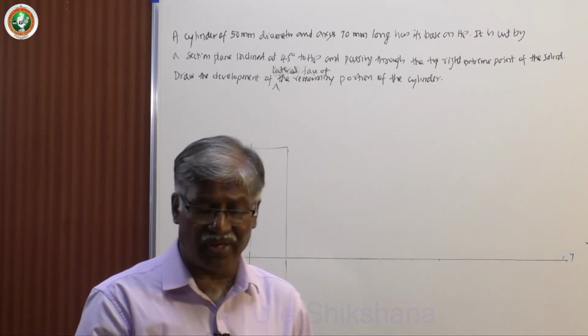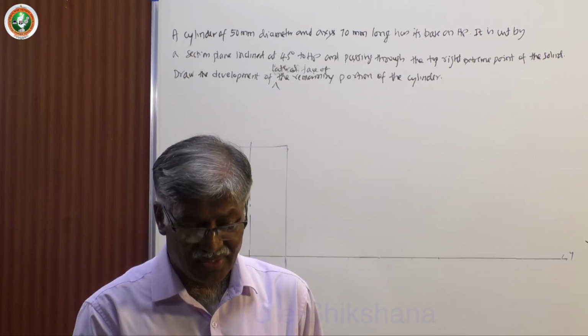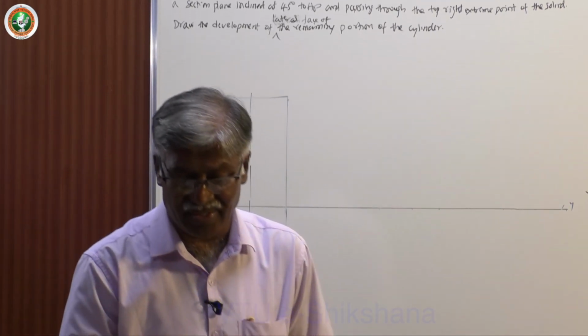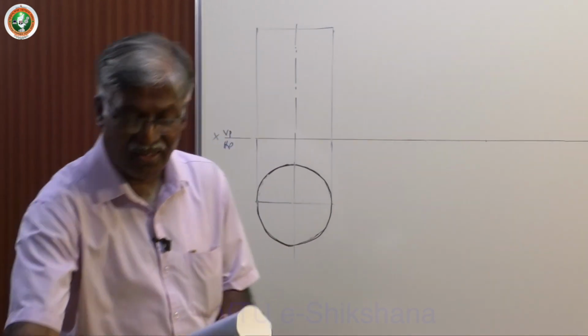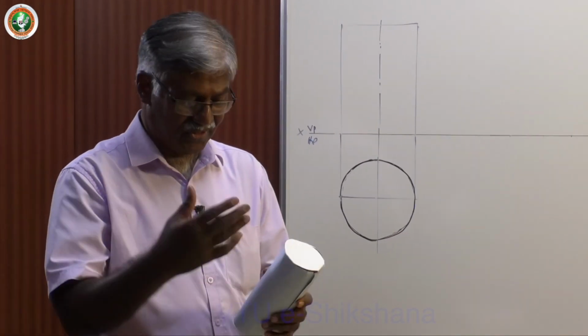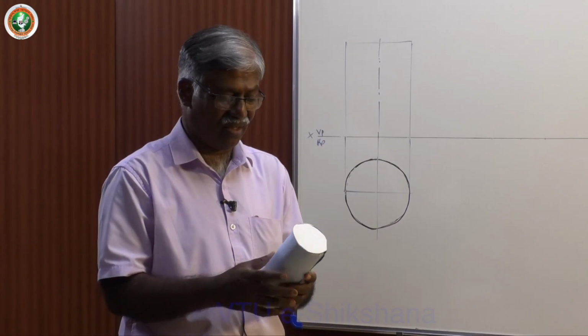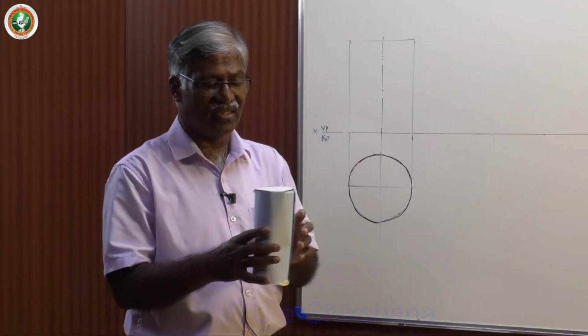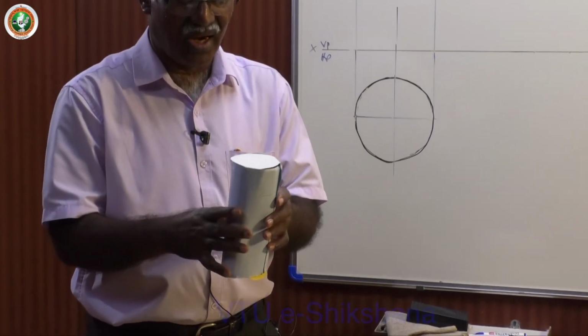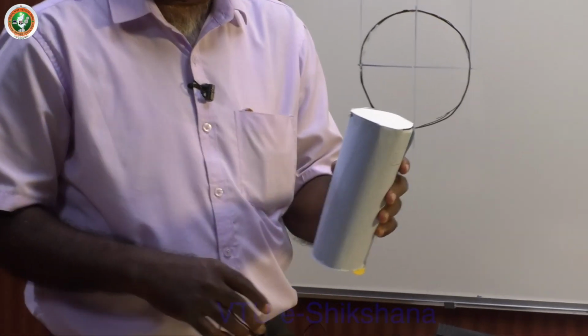Now, before going to the actual problem, let me discuss the development and the corresponding items like the top face, base and lateral face. Already we have discussed. So here is the top face and base and lateral surface of the cylinder.